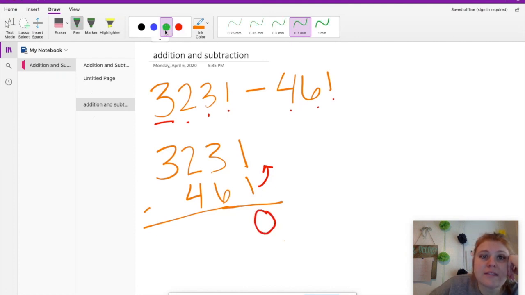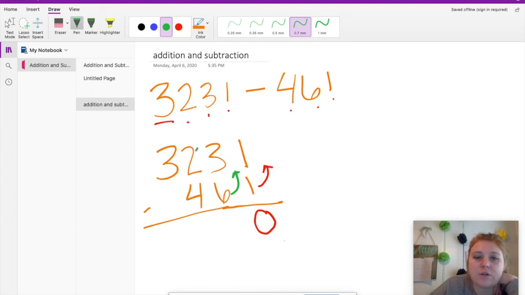Now, in the tens, I'm going to start down here and look up: 6 minus 3. I cannot do that. 6 is bigger than 3. I can do that, but that's negative numbers and we don't need to worry about negative numbers right now. So I have to borrow from this 200 here.